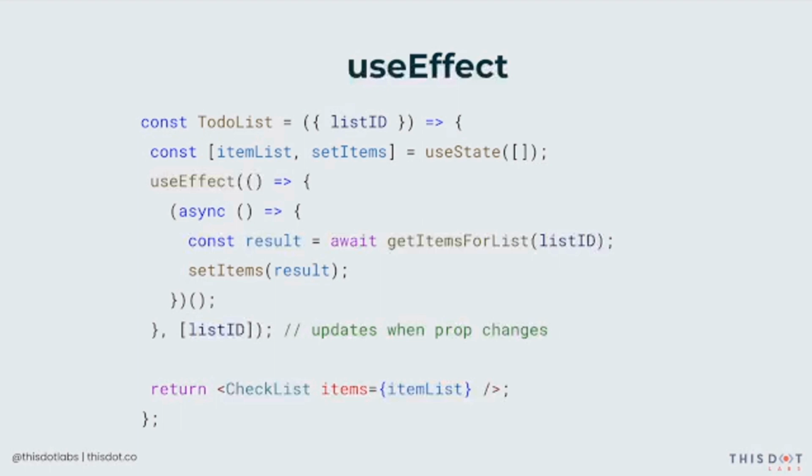This gives us fine-grained control over when effects should be triggered or rerun. For our to-do list, it's very important that it fetches new items if we have a new list ID. If we have multiple to-do lists, one for chores at home and one for things to do at work, we could switch the list ID between these two lists, and React will know that the effect needs to be triggered again and new to-do items need to be fetched.